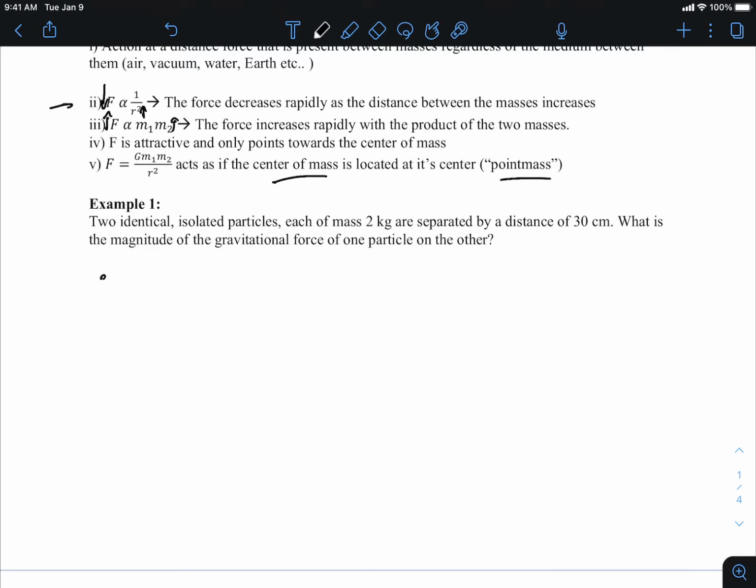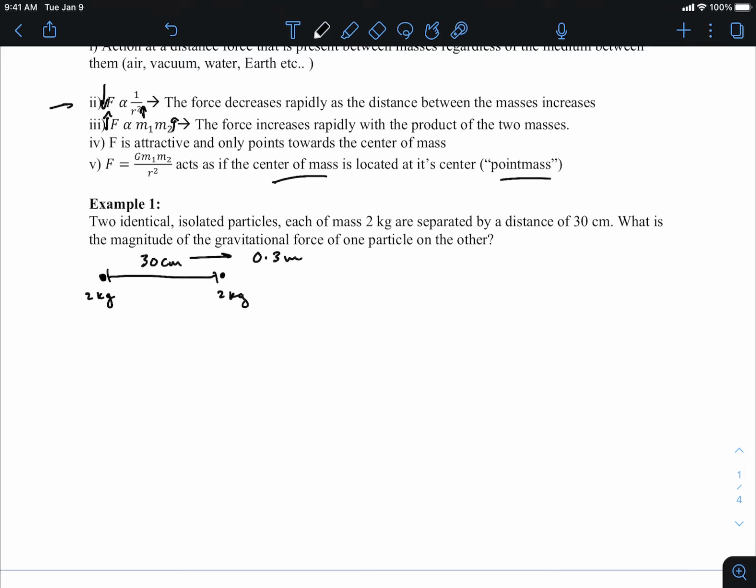Each mass is basically the same, 2 kilograms each, and they're separated by a distance of 30 centimeters. Remember, we have to deal with meters, so that's 0.3 meters. We want to find the magnitude of the gravitational force of one particle on the other.